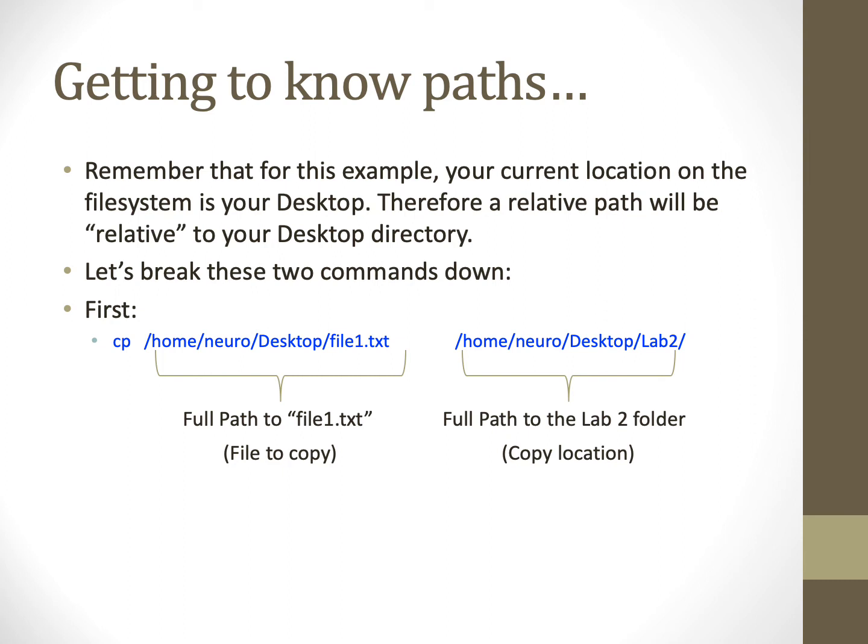Note that it starts with root and specifies that entire location of file1 on your file system. The second argument for copy is the full path to the lab2 folder that you will create. Again, the path starts with the root directory and corresponds to that full path to lab2.